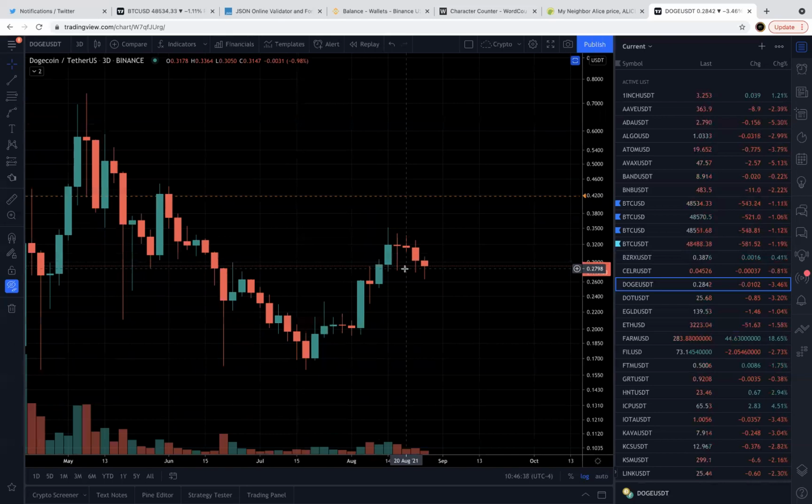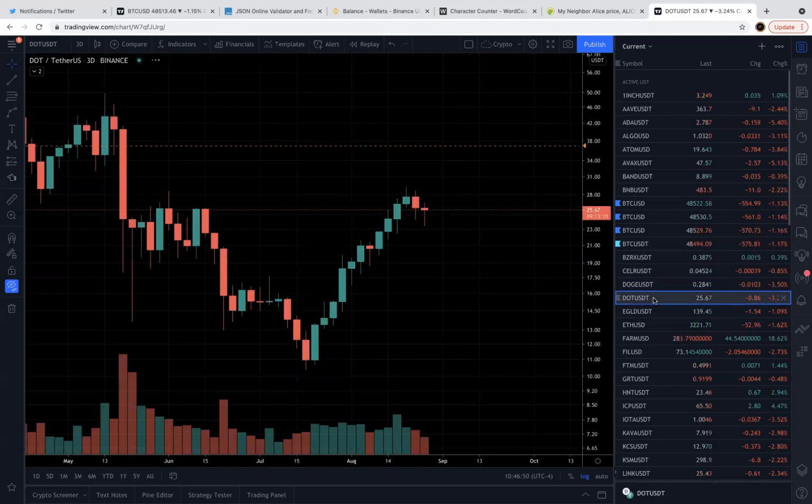This is a kind of similar category. There's nothing major so far from Doge. It may do something, but as of now, there's nothing. DOT is showing strength under some pressure, but still a strong coin. Showing good momentum.